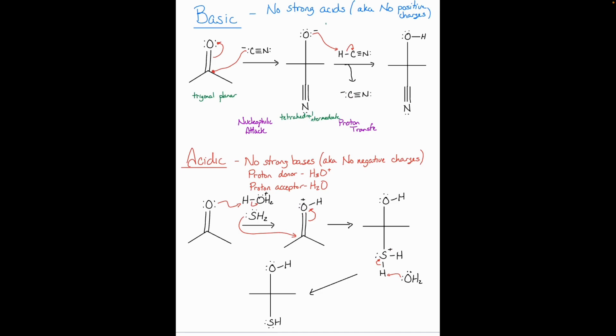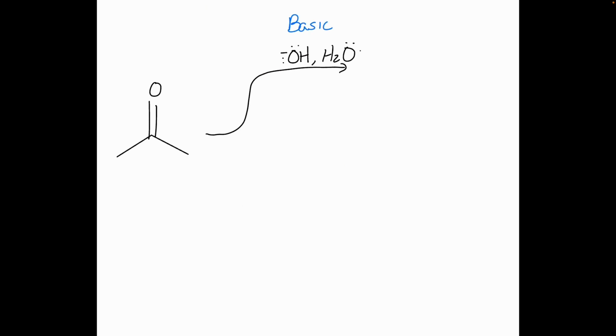So if we think about it, that means that if we took, for example, acetone, and we treated it with a strong nucleophile under basic conditions, the hydroxide ion, we would get that OH group from our carbonyl oxygen, and then our nucleophile, which is also a hydroxyl group.